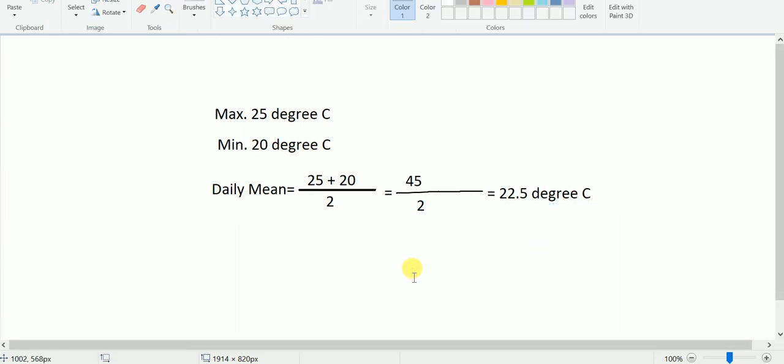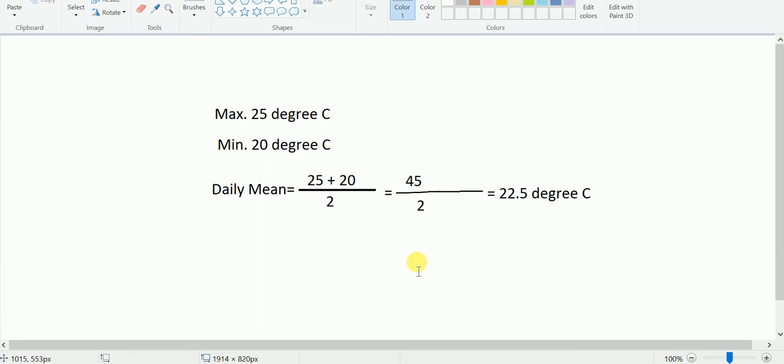So in this way, daily mean is calculated. We have to add the maximum temperature of a day with the minimum temperature and divide by 2, because we have 2 values here.